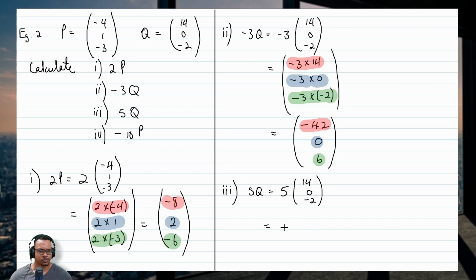So that's 5 by 14, 5 by 0, and 5 by -2. You only have to write the 5 once and put the answers here.